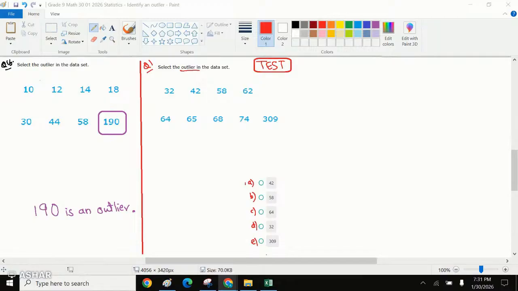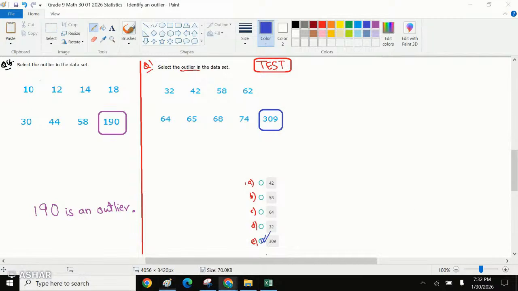Can I have the answer? Anyone? Yes, thank you. Since 32, 42 were close, option E was the correct answer. 309 is the outlier.